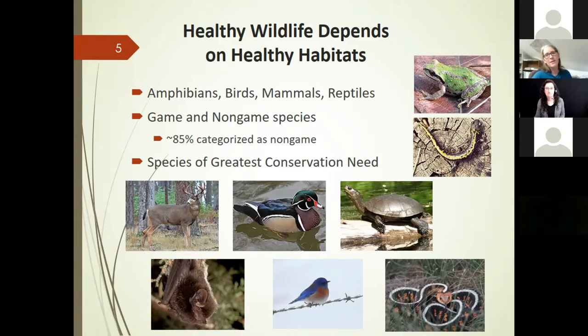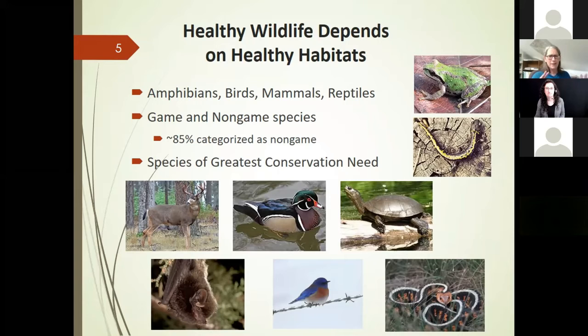My focus in ODFW is non-game species, in particular those that are on our state sensitive species list, and those that are in the Oregon Conservation Strategy and designated as species of greatest conservation need. So these are the species that are of highest conservation concern because of the declines in their numbers and the declines in the habitat on which they depend.